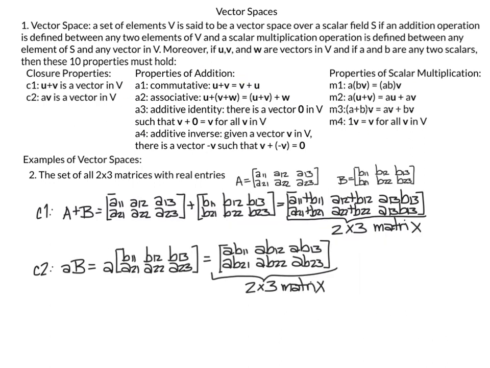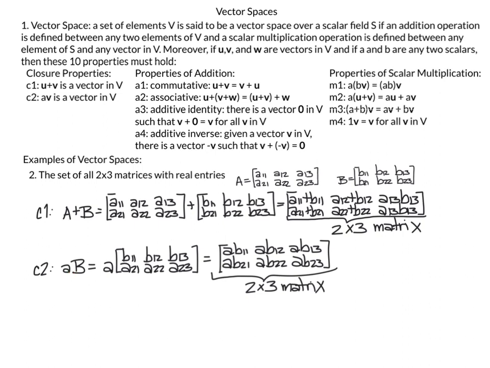We will start with closure of addition. If we have our 2x3 matrix A plus our 2x3 matrix B, then we get this 2x3 matrix A plus B. Since it's still a 2x3 matrix, matrix addition is closed.